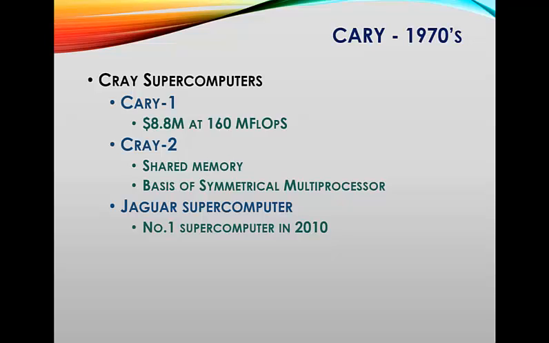These were connected to 1 or 2 or even 4 processors at the same time. Today's supercomputers and GPUs call this symmetric multiprocessing. The Jaguar supercomputer, which was number 1 on the Top 500 list of supercomputers back in 2010, was one of the supercomputers created by Cray systems.